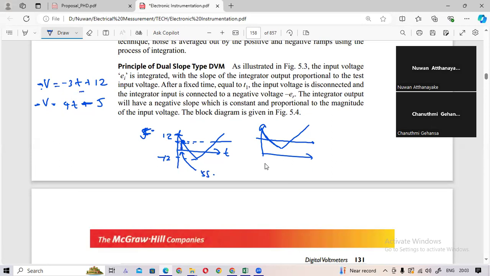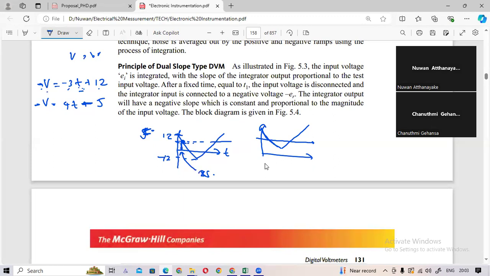Then using this equation you can calculate the volt. Say the time is 2, then it will be minus 6 plus 12. So the voltage is 6 volts. So you can calculate the voltage here.